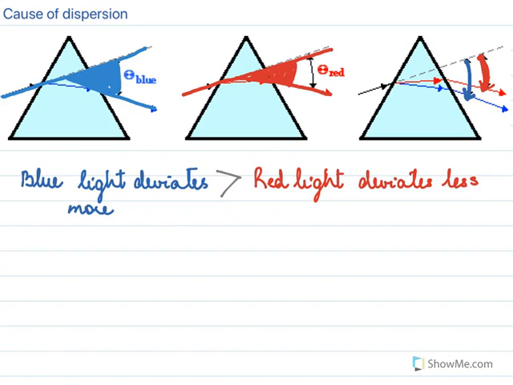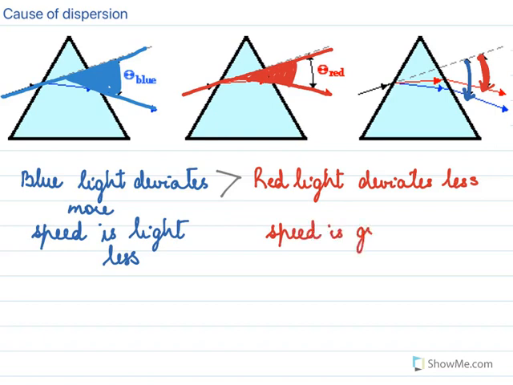Another point to remember is that blue light travels slowly, its speed is less, while the red light travels much faster, its speed is greater. The speed of blue light is less than the speed of red light, and this again goes back to the wavelength.